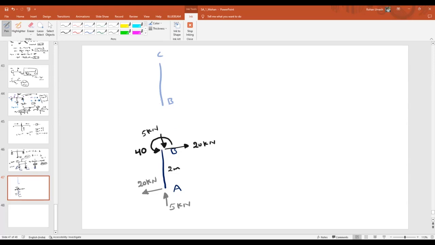The vertical one, yes: 5 kilonewton upward. Everybody will agree that it is 5 kilonewton upward at point B in the member BC.